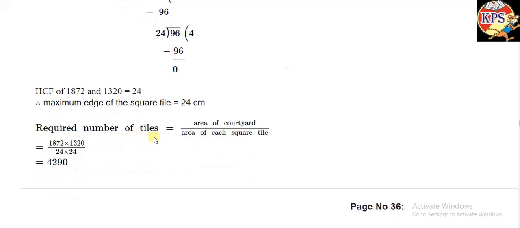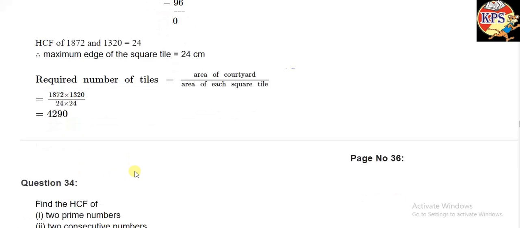Now we have to find the required number of tiles, which equals the total area of the courtyard divided by the area of each square tile. After multiplying and dividing, we are getting the answer: 4290 tiles are needed.